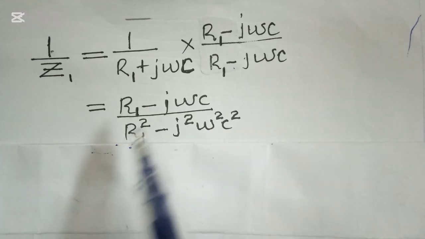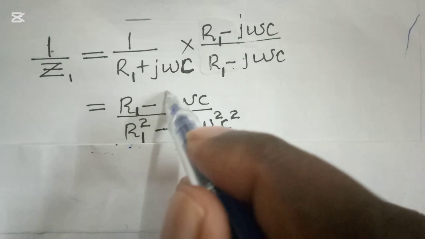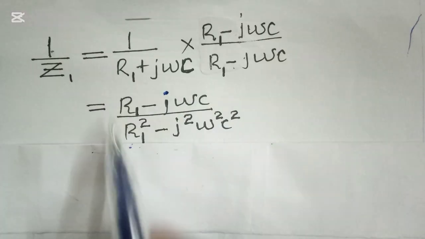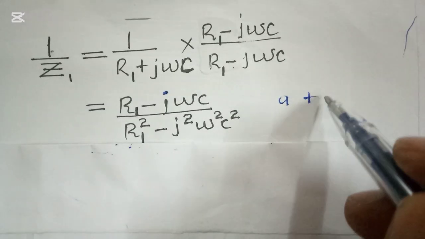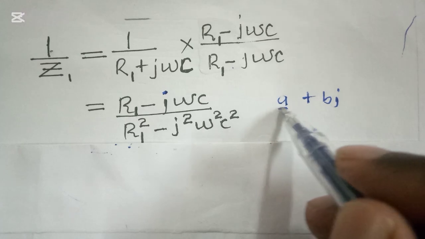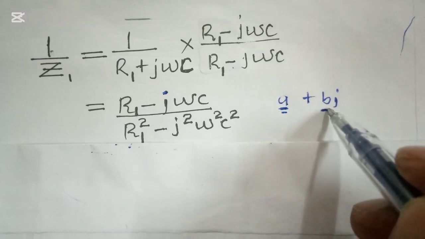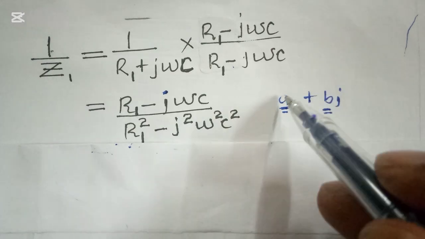Now since we have two parts, the real part and the imaginary part, we separate these two to have a plus bj, such that the j will be found on this side.